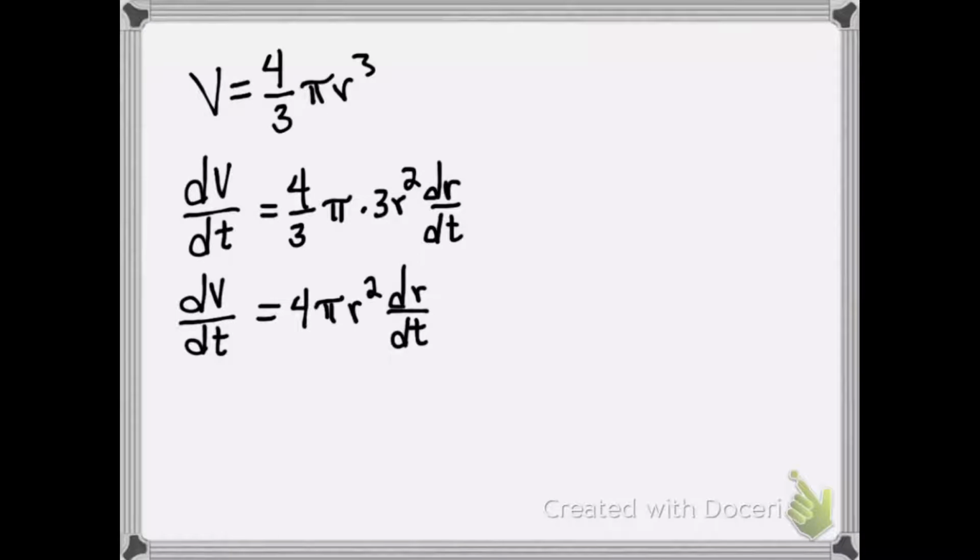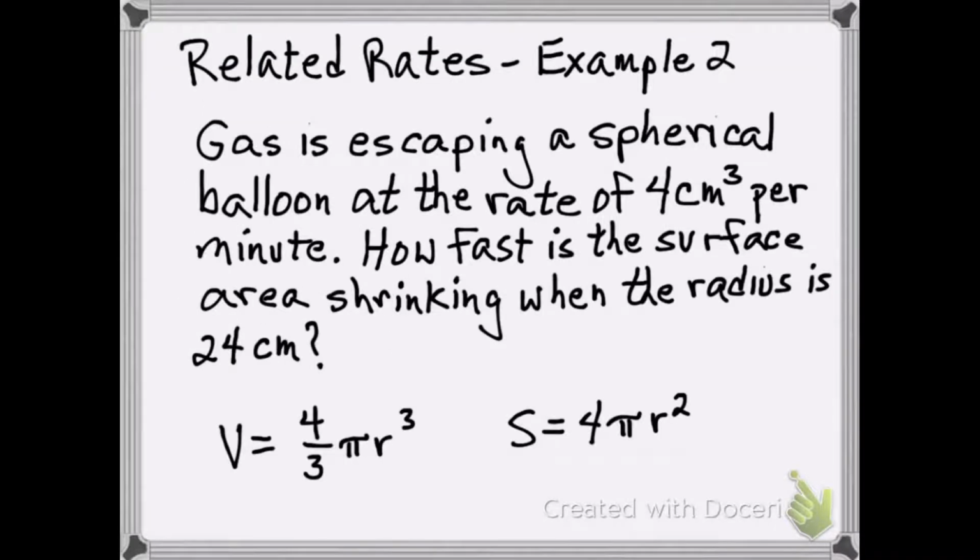Now if we go back to the original problem for just a moment, it tells us that gas is escaping from a spherical balloon at a rate of 4 cubic centimeters per minute. That's dV/dt, the rate at which the volume of the gas is escaping from the balloon.